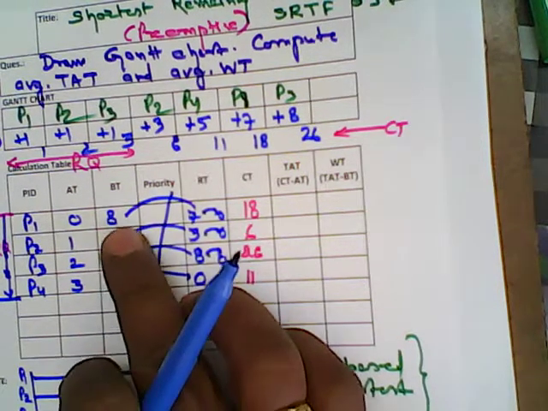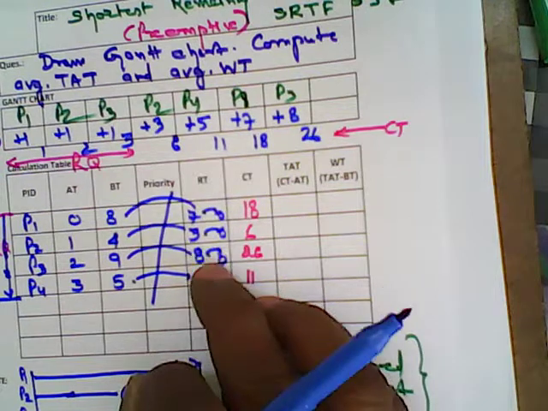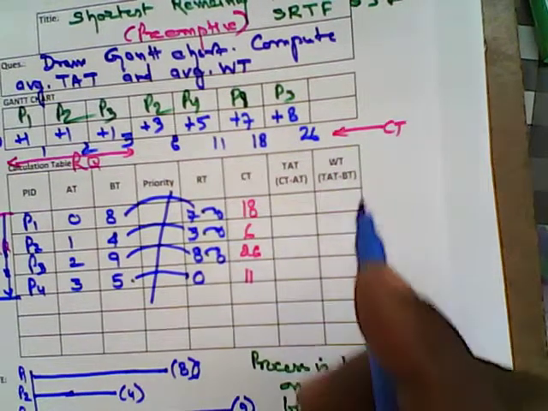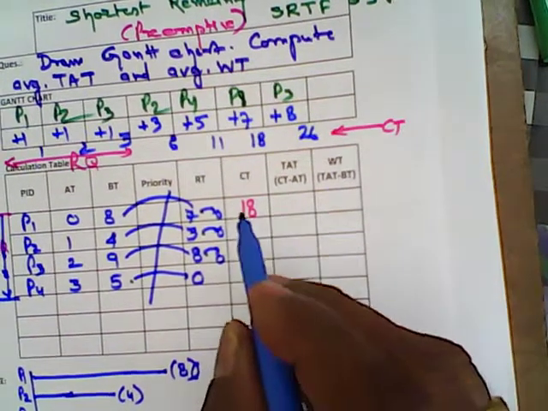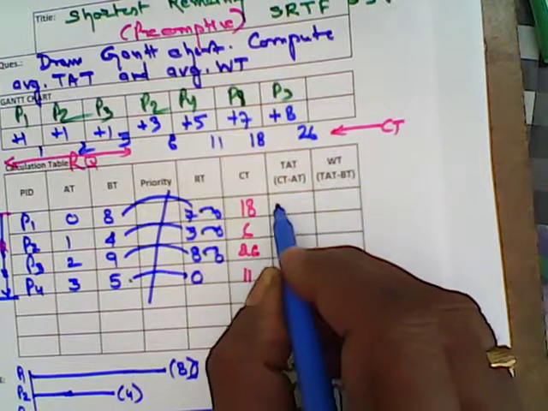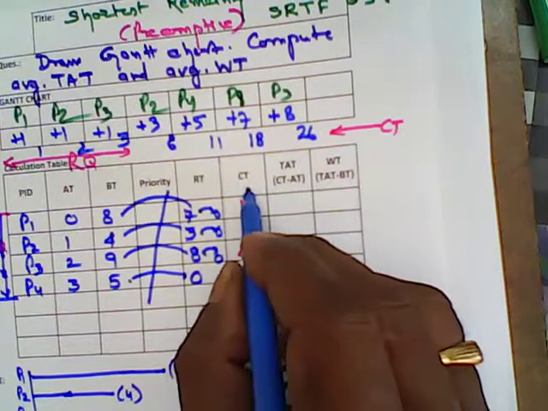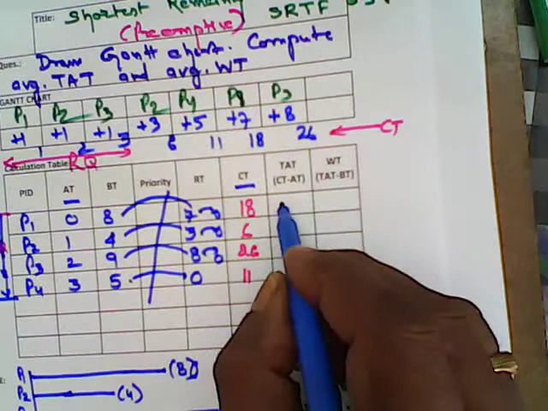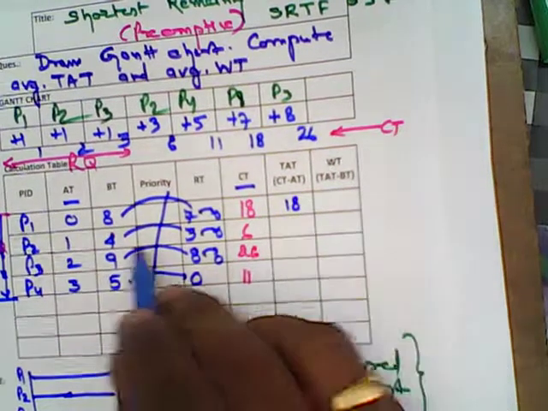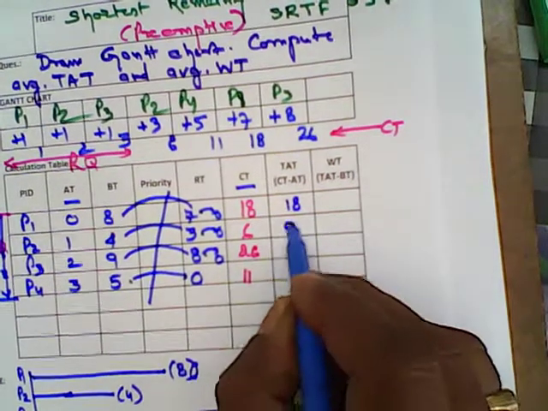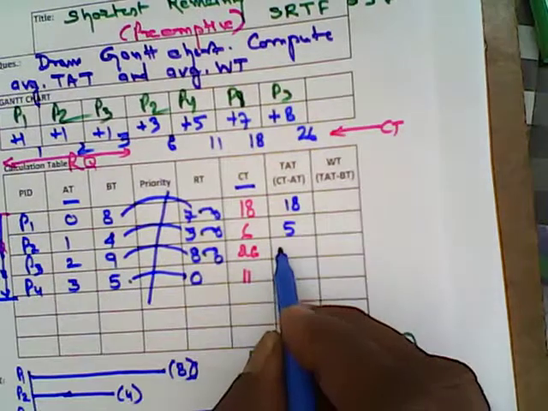Now let's compute the TAT. TAT is nothing but completion time minus arrival. 18 minus 0 is 18, 6 minus 1 is 5, 26 minus 2 is 24, and 11 minus 3 is coming 8.